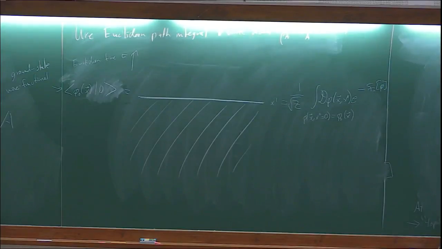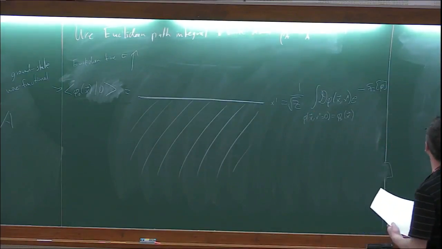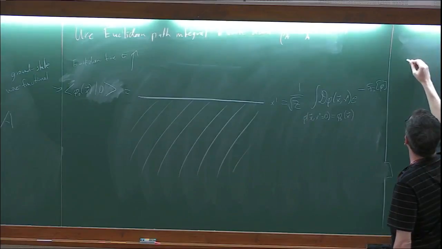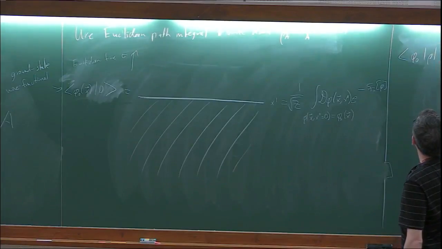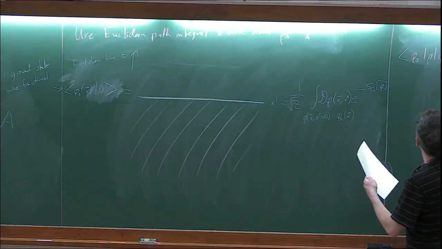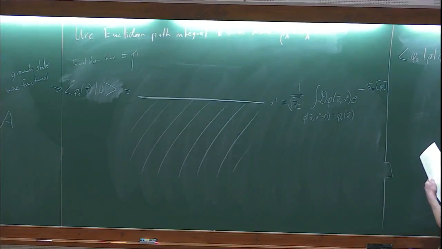Now, that's the ket. The bra is given by flipping my Euclidean time. So given some phi naught, rho, phi naught prime, well, this is just the product of two things.